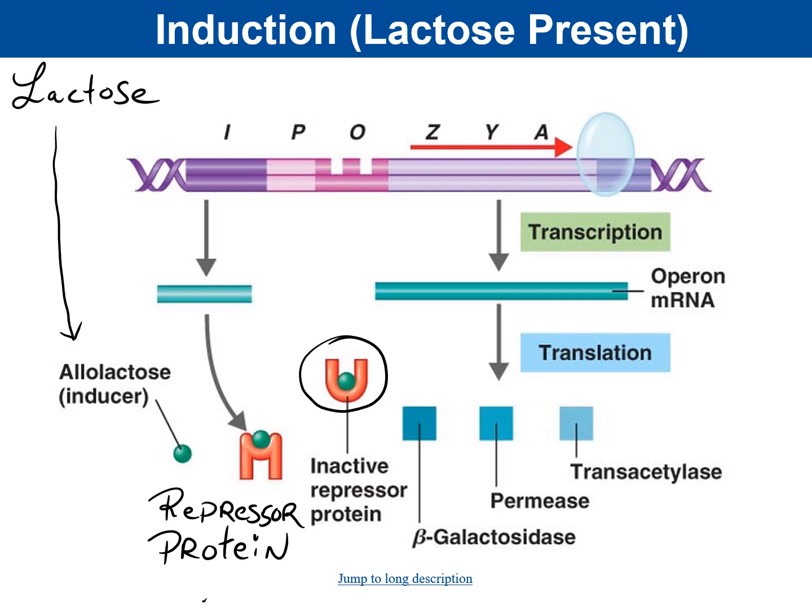So what we see is that the operator region is now open, and the RNA polymerase that's way over here has had a chance to exit this region and successfully transcribe structural genes. When those structural genes are transcribed, eventually we'll get these functional protein products that allow for lactose digestion.